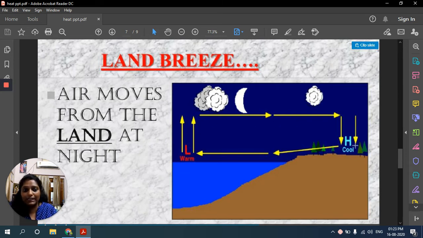And during night, the air above the land is cool. So, to fill this space, the air from the land will move towards the sea and it will cause land breeze. Land breeze, that is, air moves from land towards the sea.